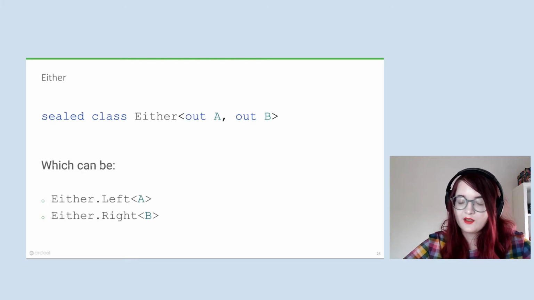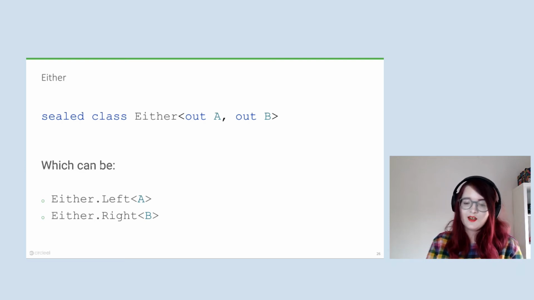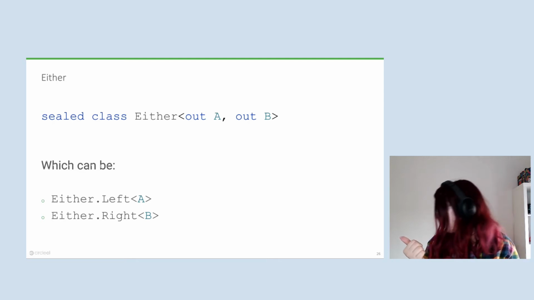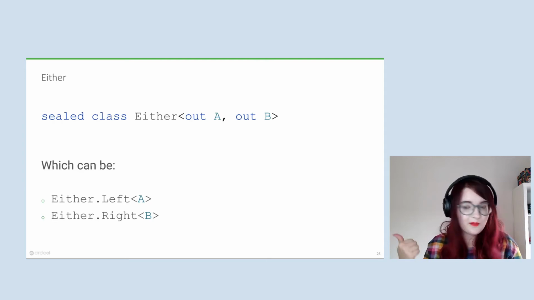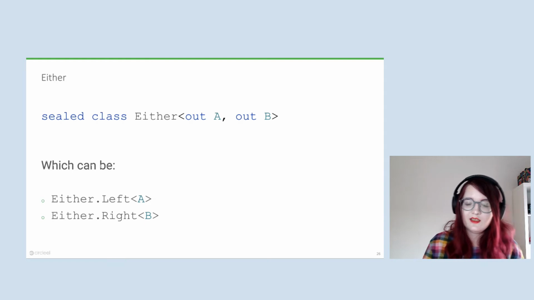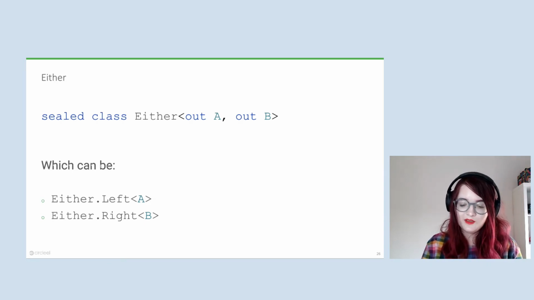Either is characterized using two types. Typically in Kotlin, Scala, and other languages, there is a mnemonic that says right is right. So the right side type says which type of the value we will have in case of success. And left says, okay, here will be the failure.